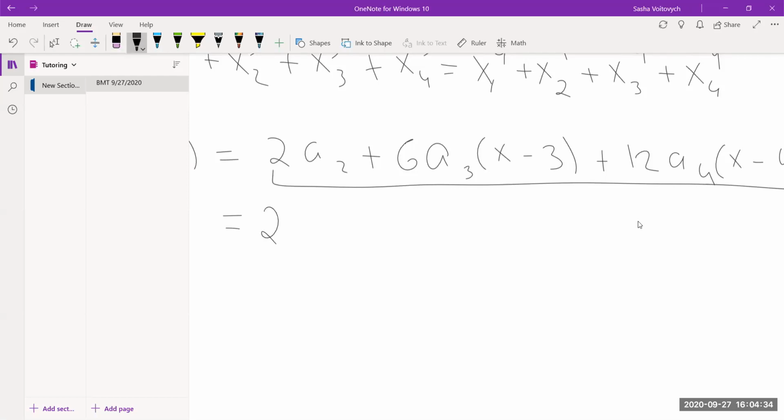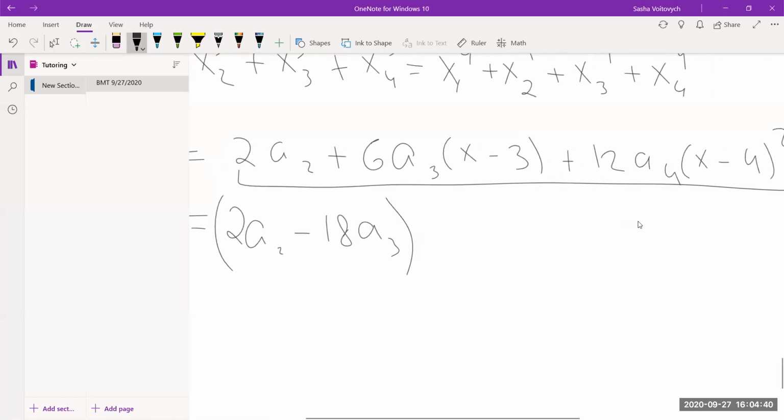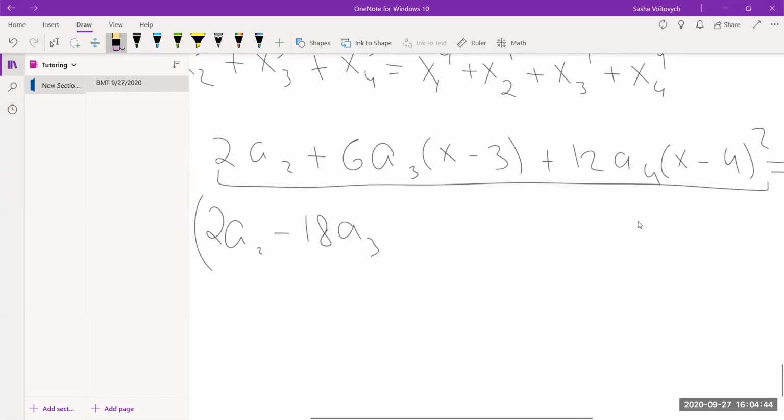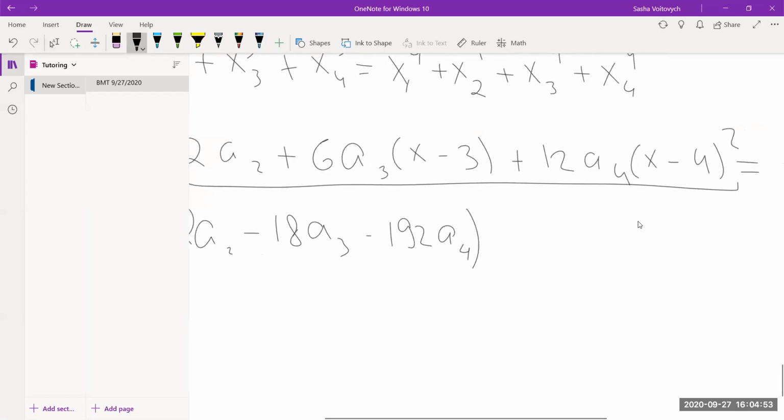So the free term of our polynomial is equal to 2a2 minus 18a3 minus 192a4.